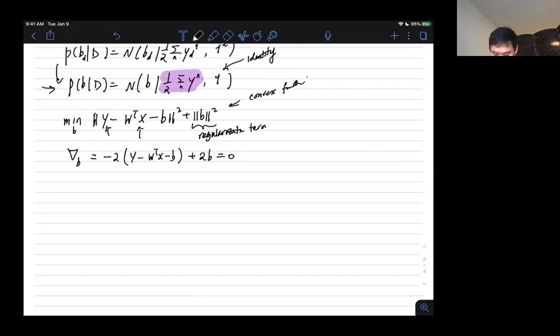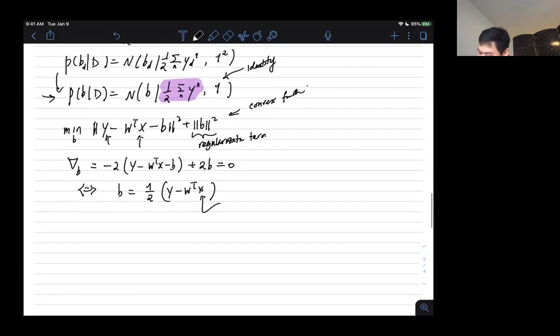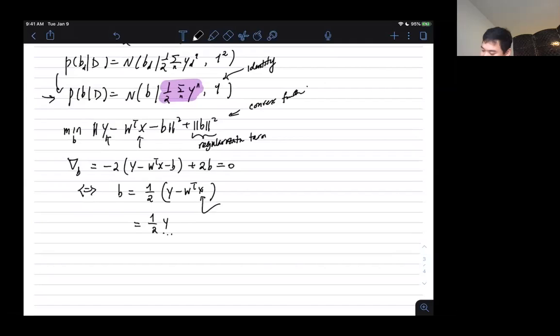Then now we can rewrite the whole thing, and what we end up with is b equals 1/2 (y minus w transpose x). And then what do we know? This x has its own expectation of 0, meaning that we can rewrite it as 1/2 y. And you notice a stark similarity here: 1/2 appears on both sides, and the term that is multiplied or divided by 2 is simply the output.